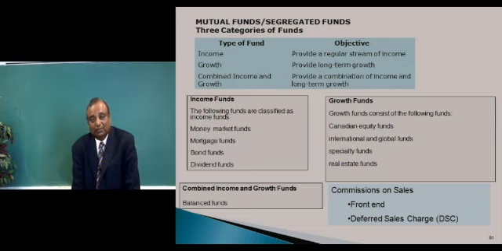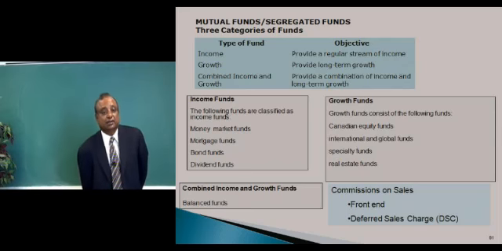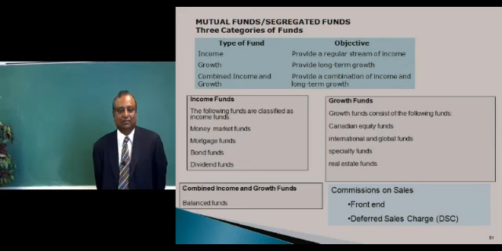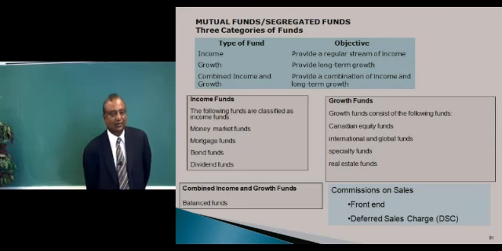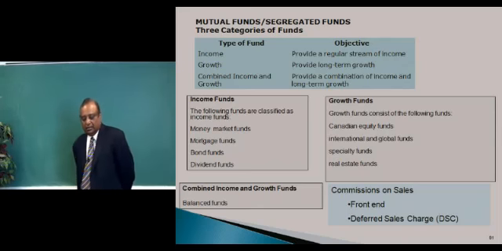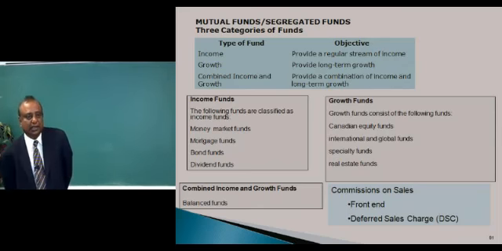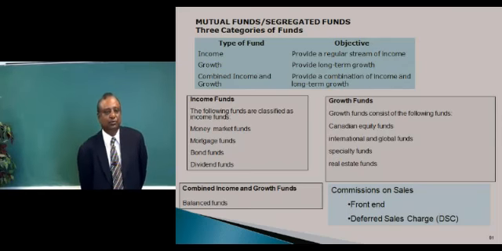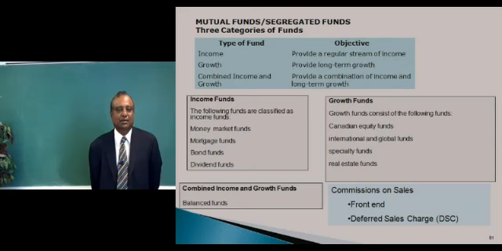For example, there could be a biotech fund. Biotech fund means the manager of this fund will invest only into the biotech industry. We have real estate funds. The combined income and growth funds, they combine both. Partly it will be invested into income instruments and others into growth instruments.